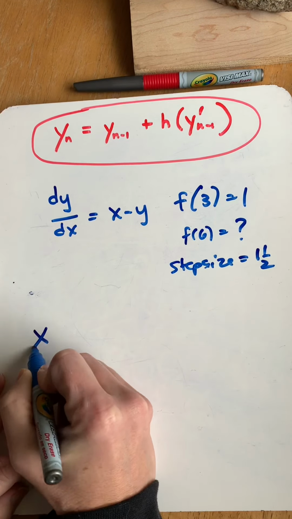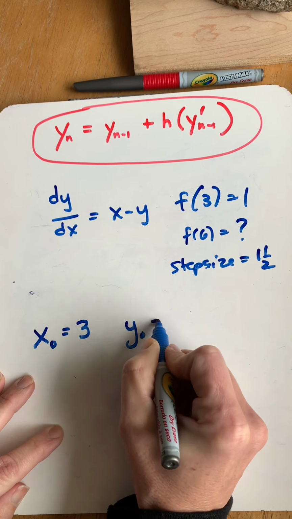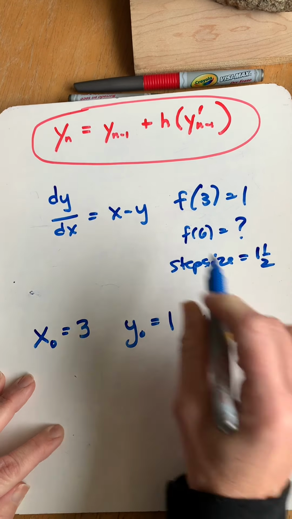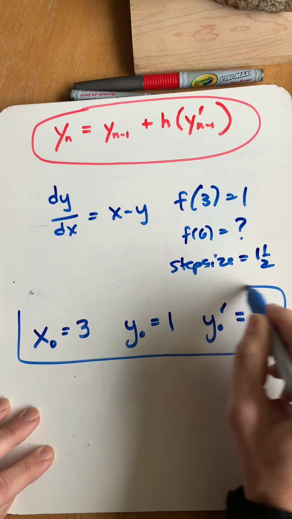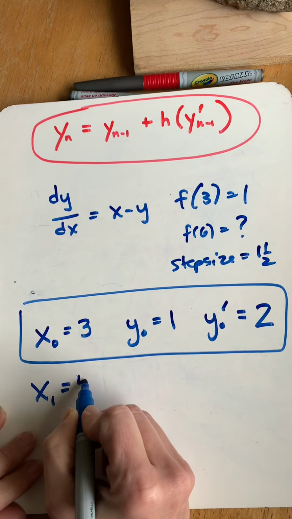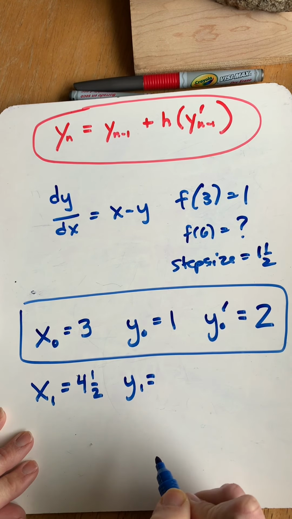Okay, so the x that I start at is 3. The y that I start at is 1. The y prime that I start at is x minus y, 2. There's step 1. Our next x, let's add 1.5 to this, so 4.5. And our next y, we use Euler's method.